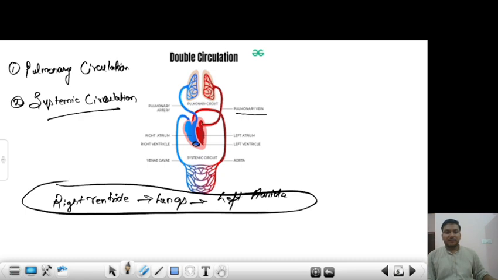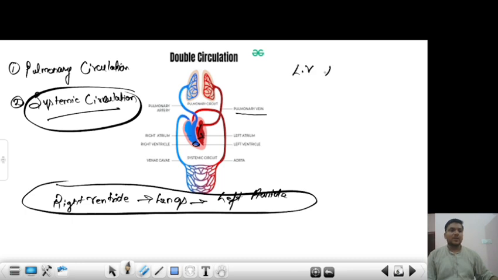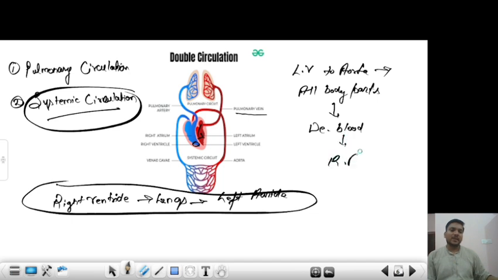After coming from the left auricle to the left ventricle, the systemic circulation starts from the left ventricle to the aorta to all body parts. From all body parts, the deoxygenated blood comes into the right auricle through the vena cava.